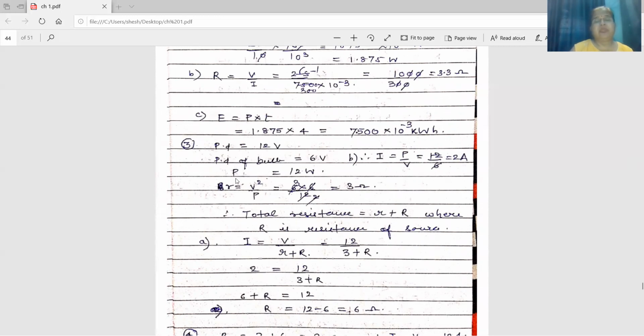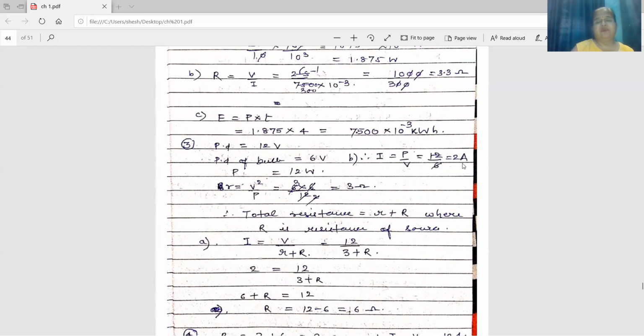V is given, P is given, so you can easily find I. I equals P by V. P is 12 and V is 6, so you are getting 2 ampere. This is asked in the second part, so 2 ampere is the current flowing through the circuit.